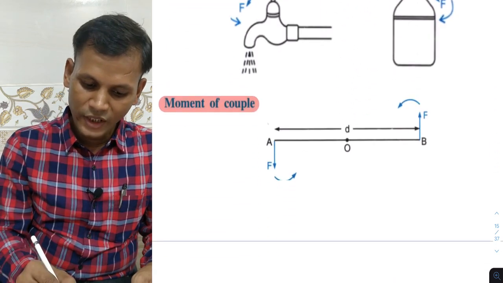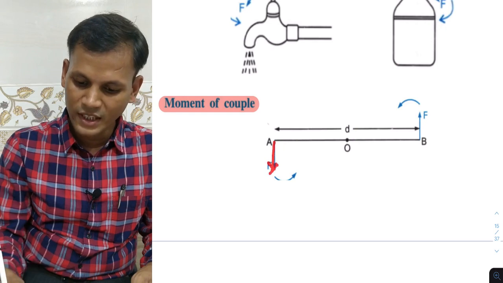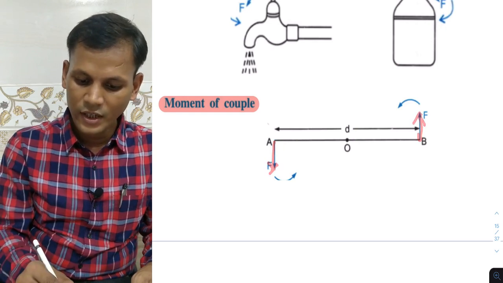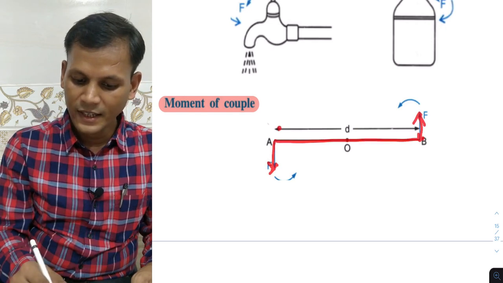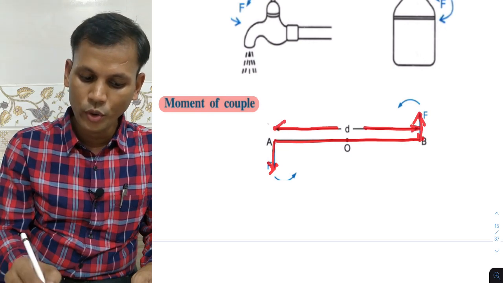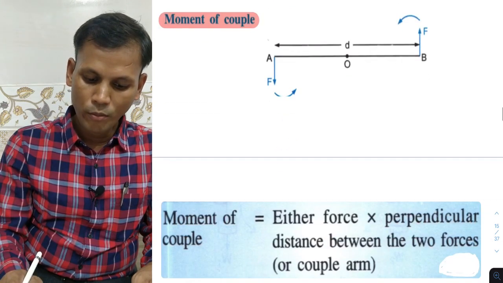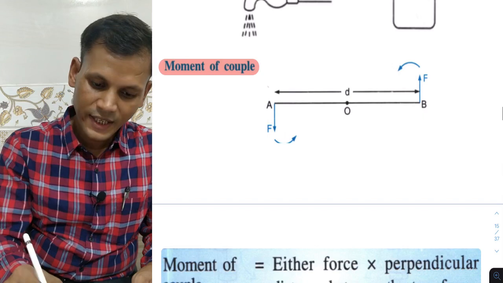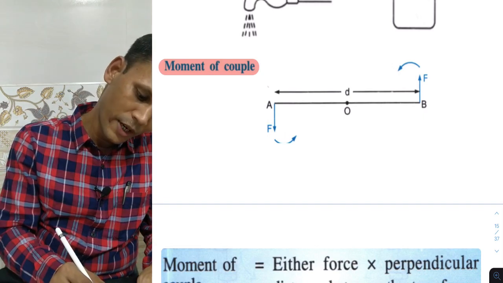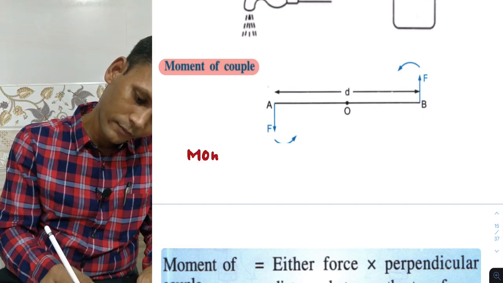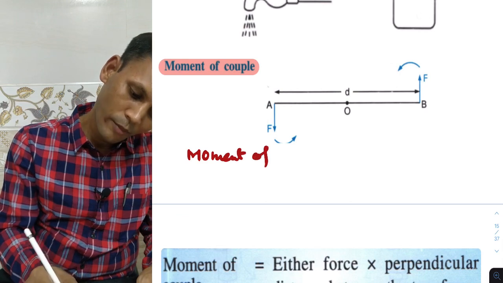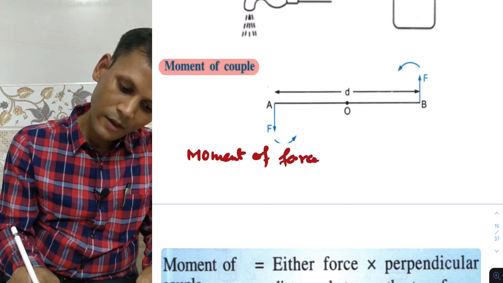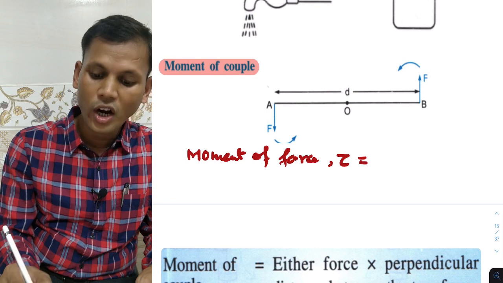Whatever diagram I have drawn over here, the same diagram is here. When two forces, this force and this force, are acting at two different points, and this is the distance between the two forces, then the moment of force in this case will again be represented by torque, tau.